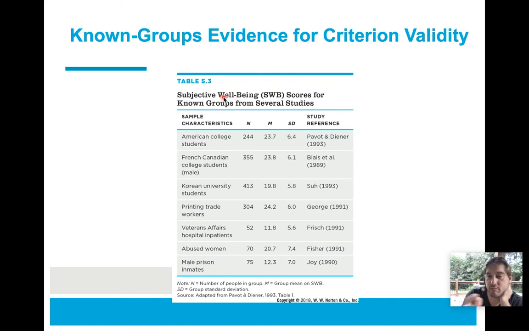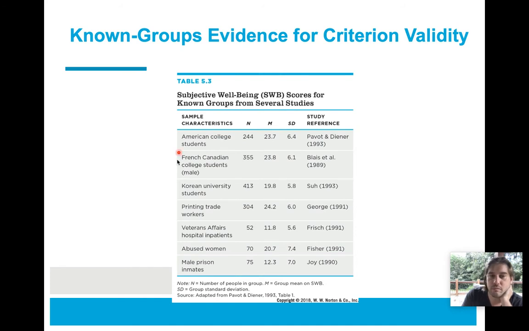So I want to measure subjective well-being. How great are things for you right now, right? What is your well-being? We can give this measurement tool to multiple groups of people, some of whom we should assume are going to score better or worse than other people.